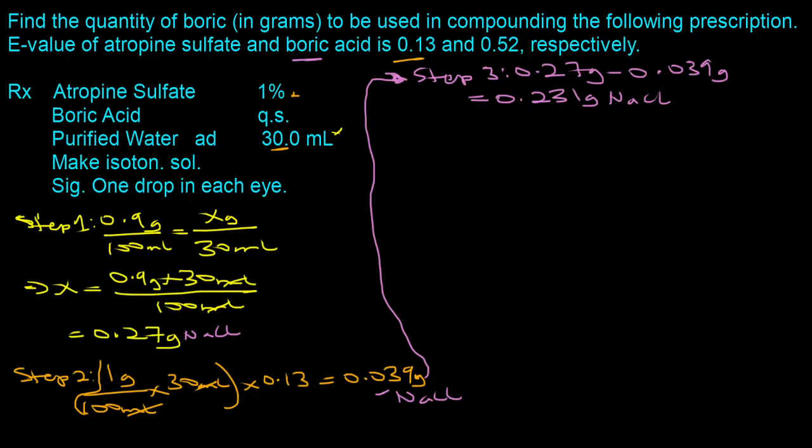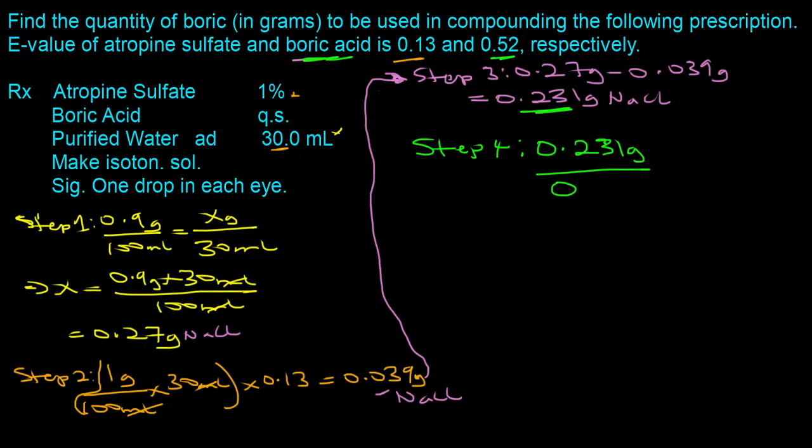What you end up doing in step 4 is fairly straightforward. You take the value from step 3, in this example 0.231 grams, and you divide that by the E value of your tonicity adjusting agent. In this example, it is boric acid, and its E value is 0.52.